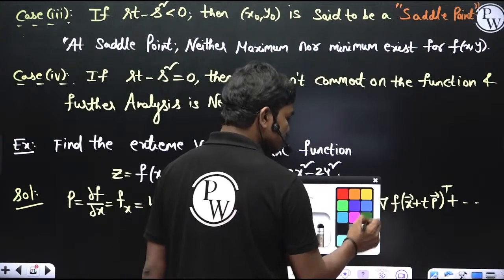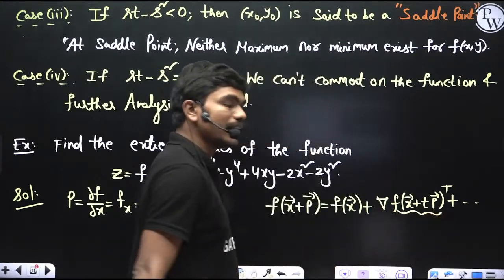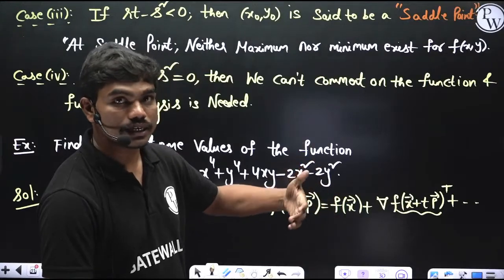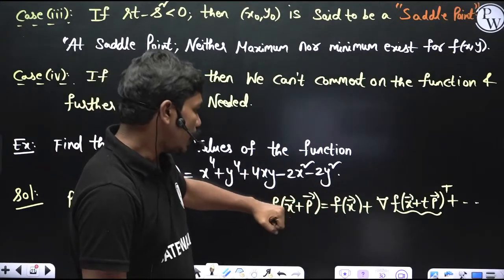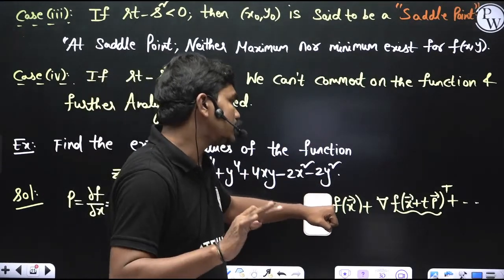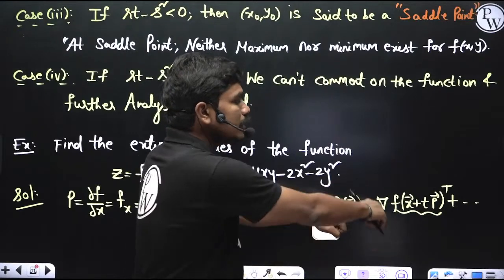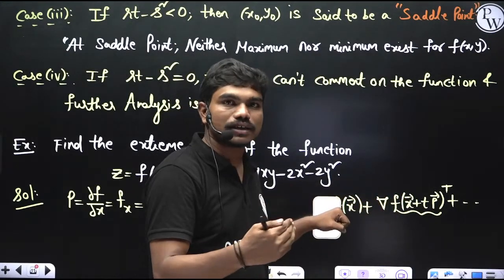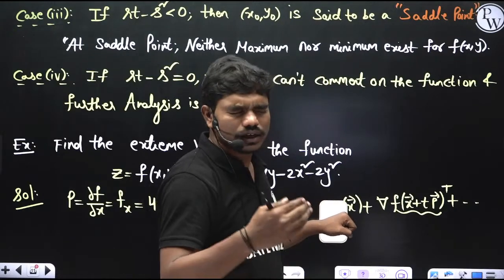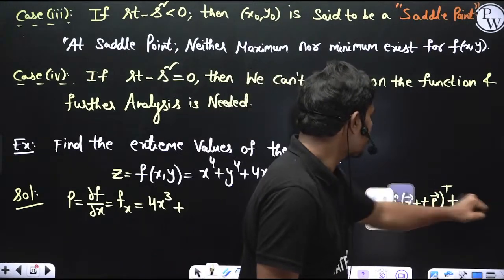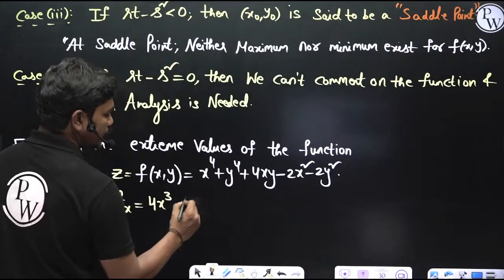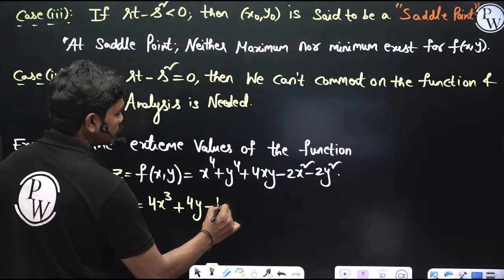In general these are vectors, the multi-dimensional case we see in optimization techniques with multiple variables. I'm not considering these things because they are not in the syllabus. The gradient of this vector gives you a tensor, which is a matrix, called the Hessian matrix.